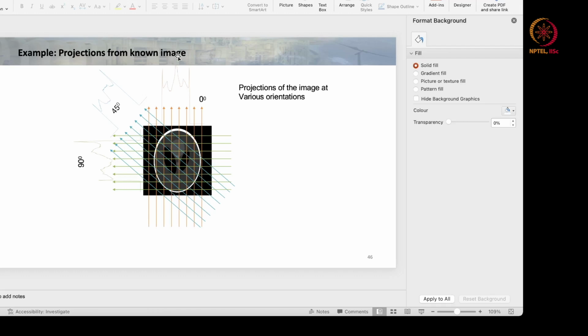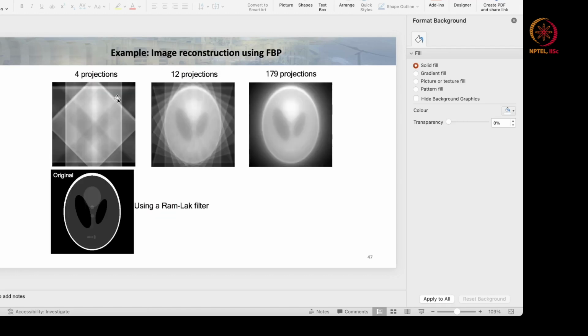Here are examples of projections from known images. For example, if this is an image, you take projections, say this one at 45 degrees, this at 90 degrees, and this at 0 degrees. So you take projections at different angles, right? Now, if we do 4 projections, compared to the original image, you get an image which is totally off. This is 12 projections.